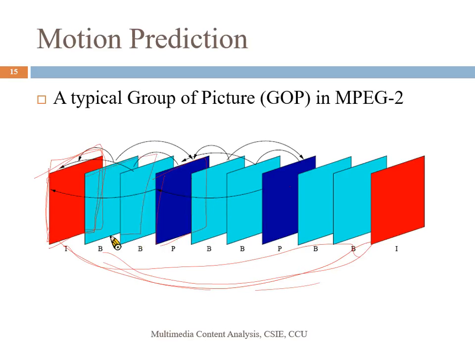And for B frame, the motion information is estimated based on comparing the previous I and the next P. So the motion is estimated bidirectionally. This example is extracted from the MPEG-2 video compression standard.